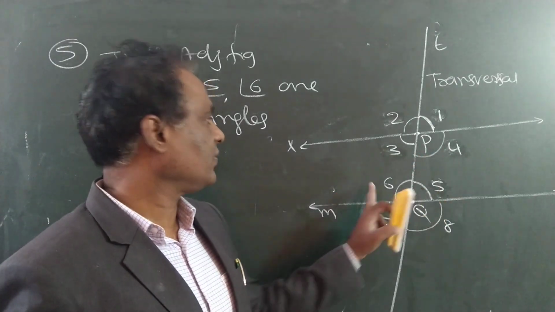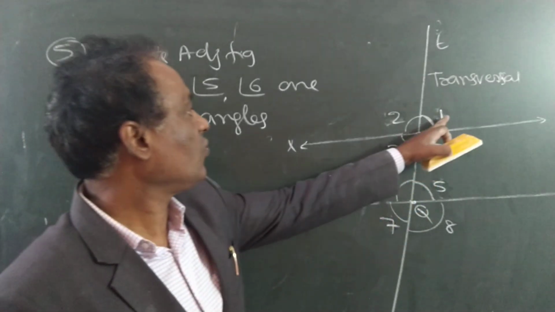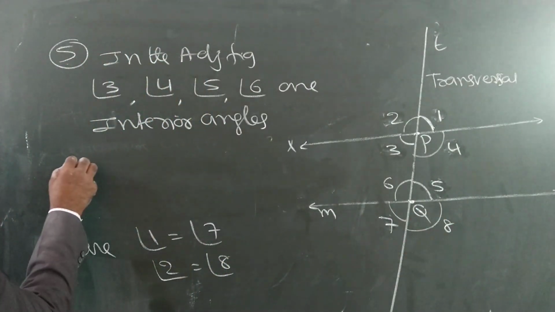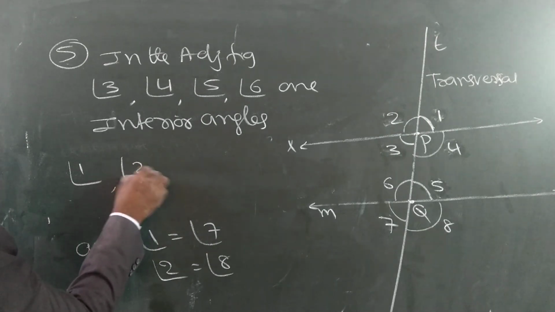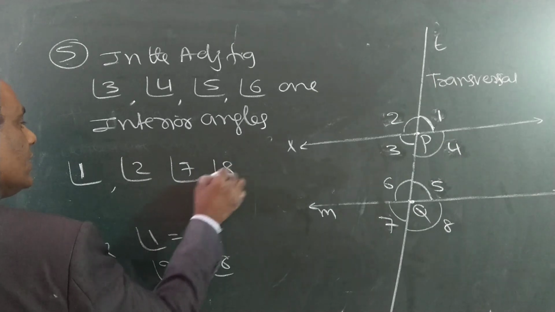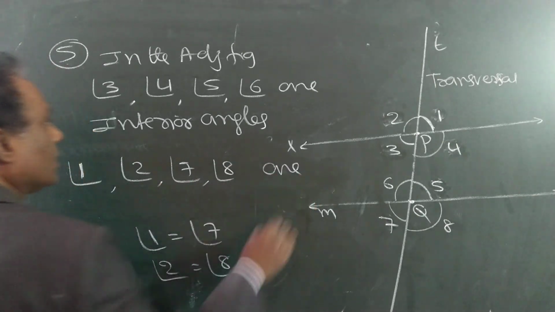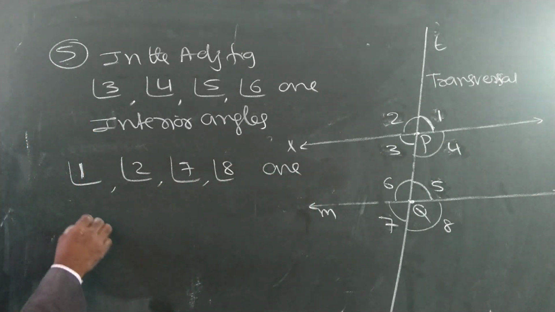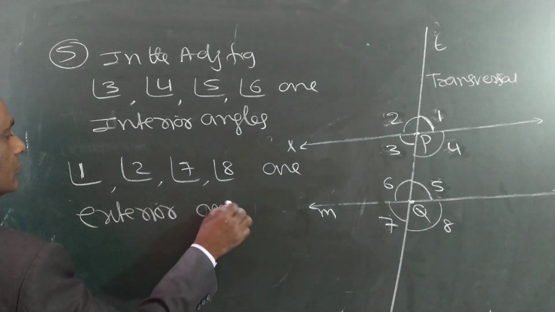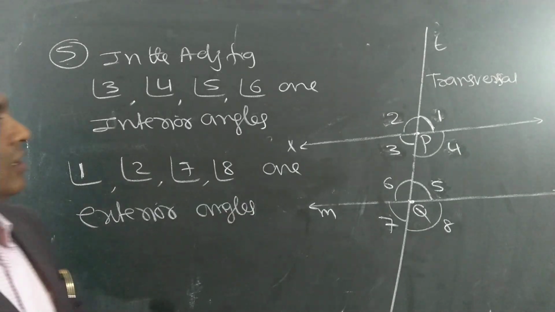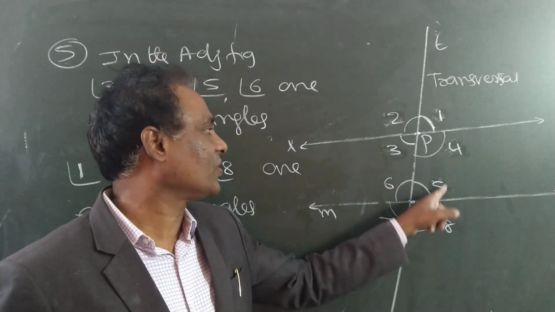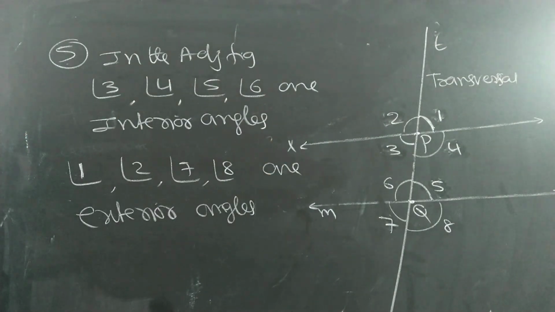Outside angles 1, 2, 7, 8 are called exterior angles.